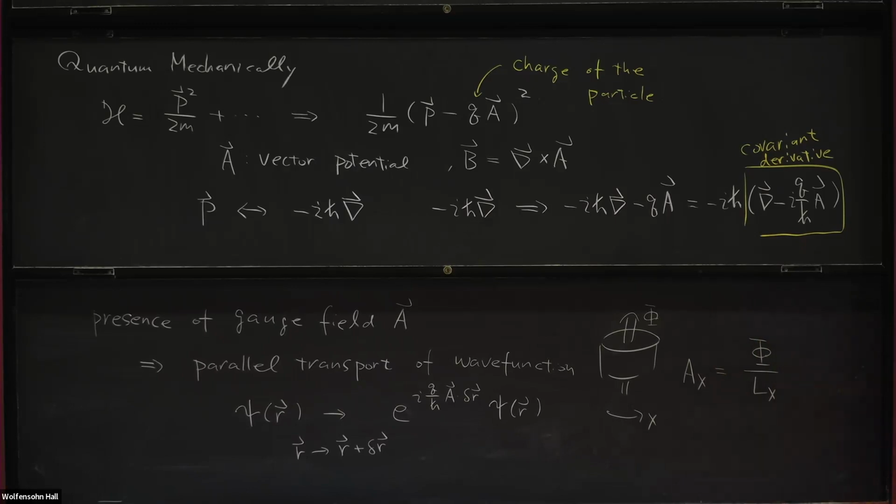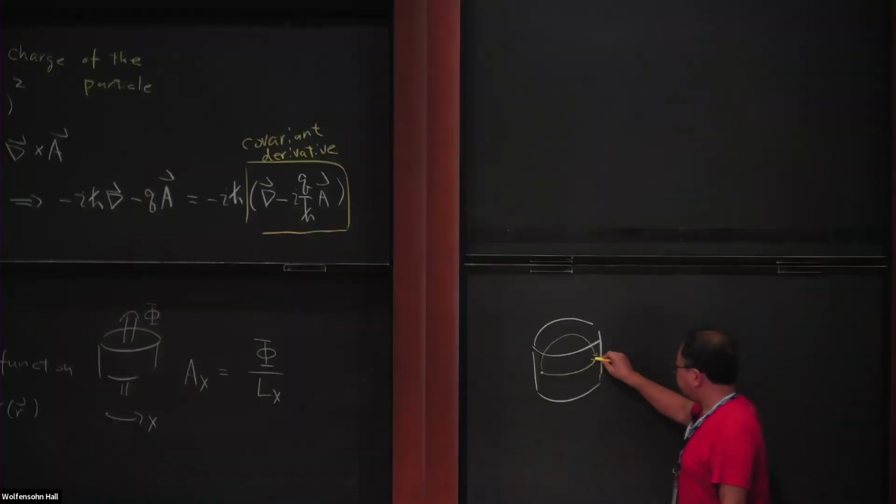So we have this kind of system, and when the particle propagates from here to there, you can move like this, or you can move the other way and end up at the same point.